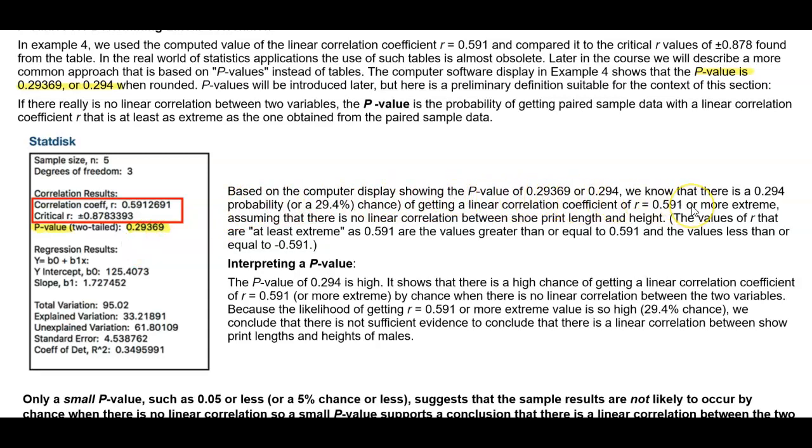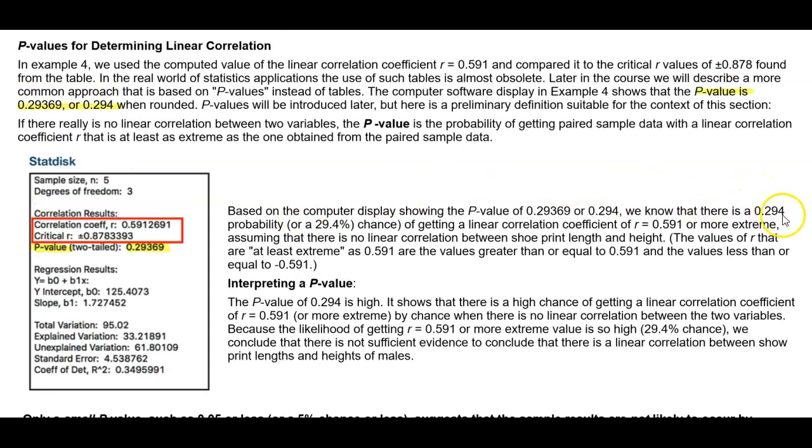Now again, based on the computer display showing the p-value of 0.29369, we know that there is a 0.294 probability, or if we converted that to a percent, that means it would be a 29.4% chance of getting a linear correlation coefficient of R being equal to 0.591 or more extreme, assuming that there is no linear correlation between shoe print length and weight.